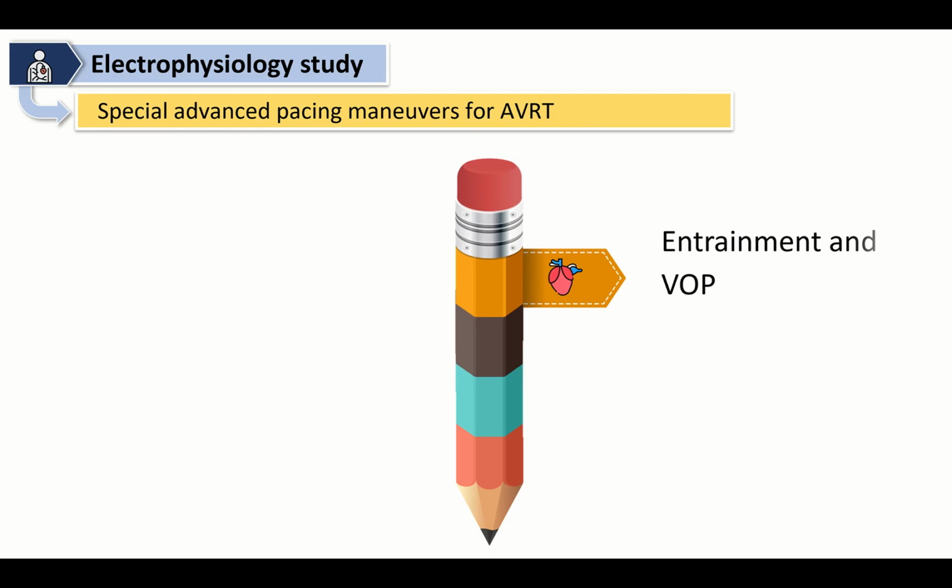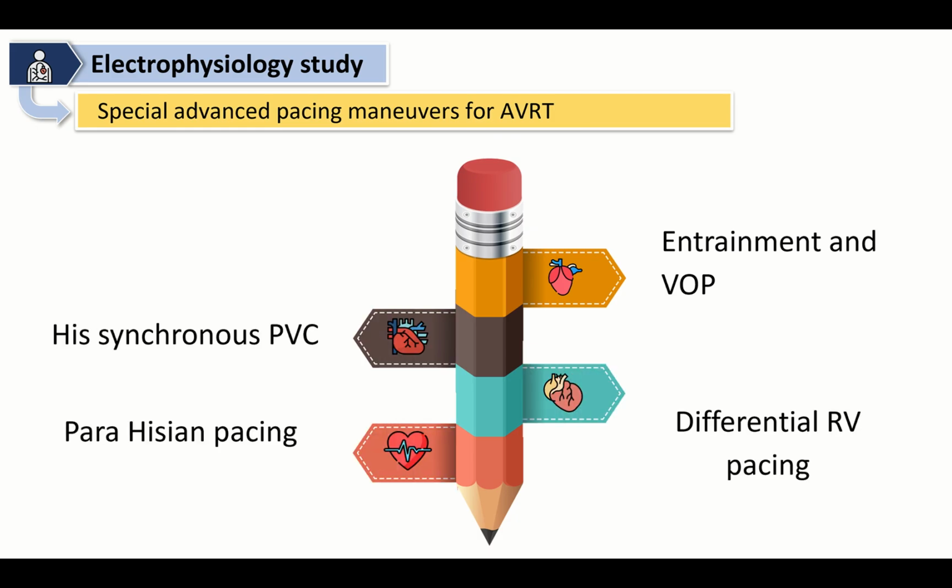So let's go to the advanced pacing maneuvers to help us discriminate between all types of SVT, especially AVNRT and AVRT using a septal accessory pathway. Both of them develop narrow complex tachycardia with concentric atrial activation, so we have to use a special maneuver to discriminate and confirm whether it is AVRT or not.